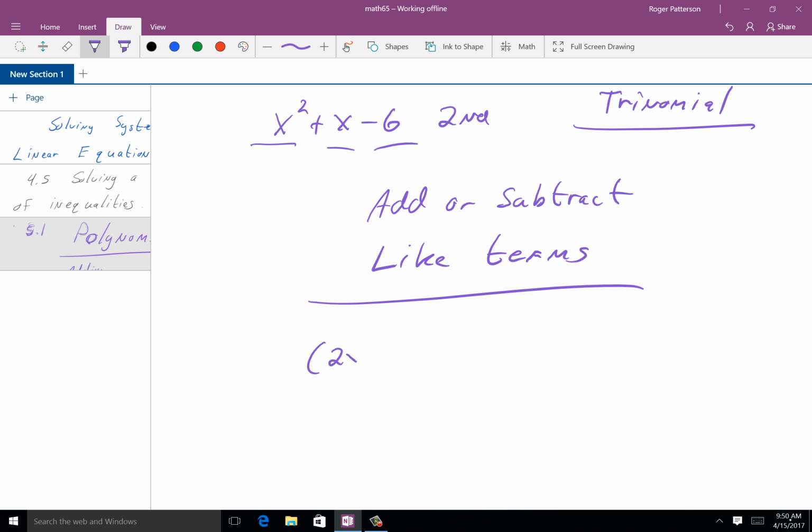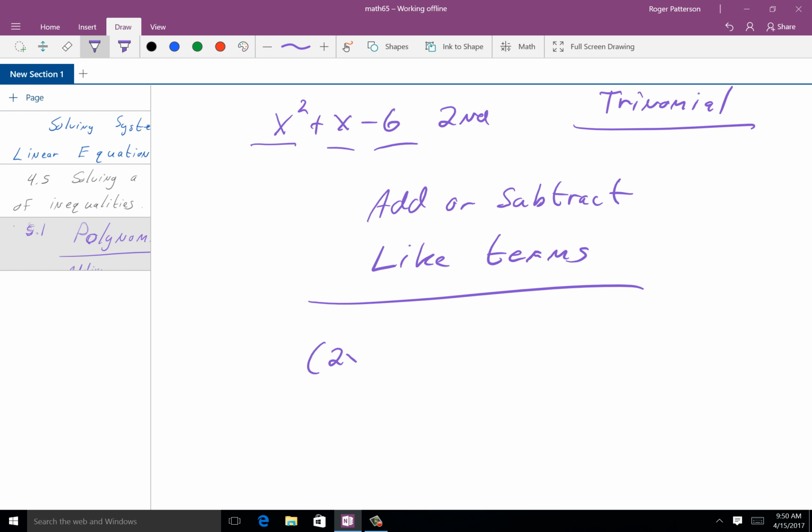2x squared times 3x squared plus x minus 6. All we're doing is distributing. We've got a monomial and a trinomial. So multiply, multiply, multiply.